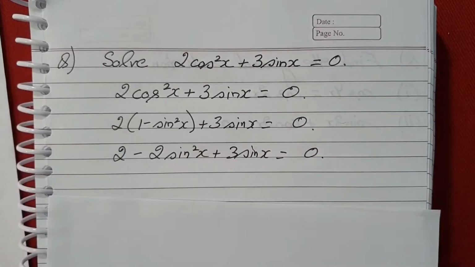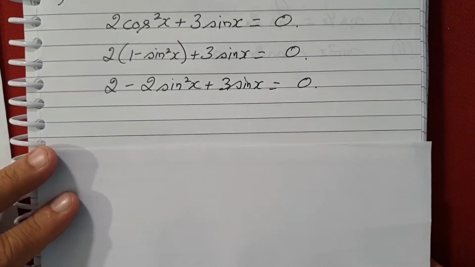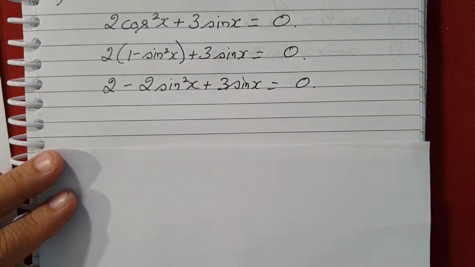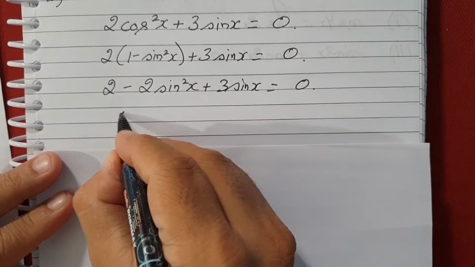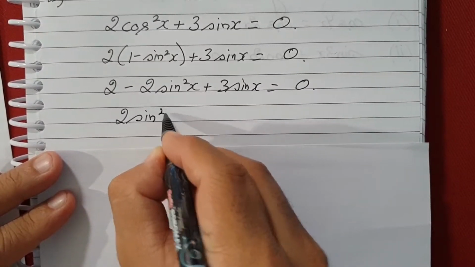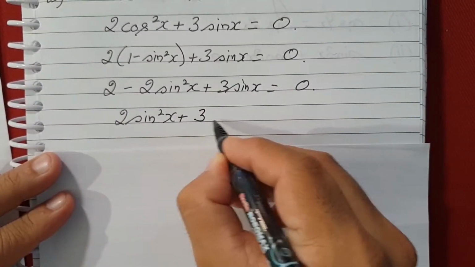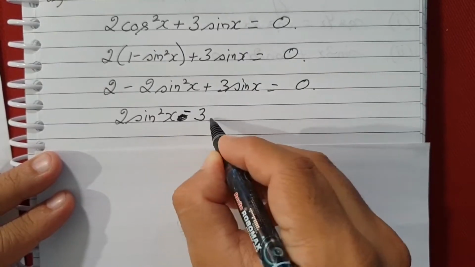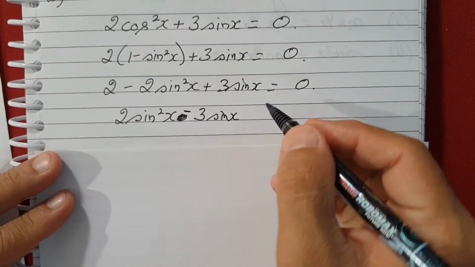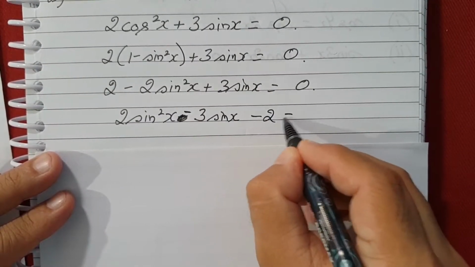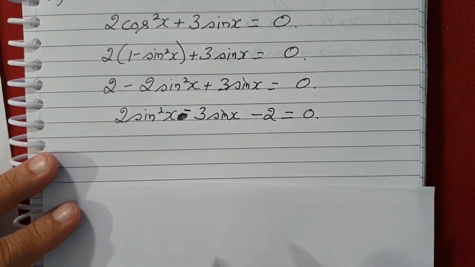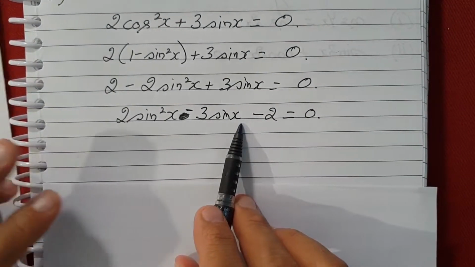Now taking the minus sign common, this will be 2 sin square x minus 3 sin x minus 2 equals 0. Now the middle term splitting of this minus 3 sin x.